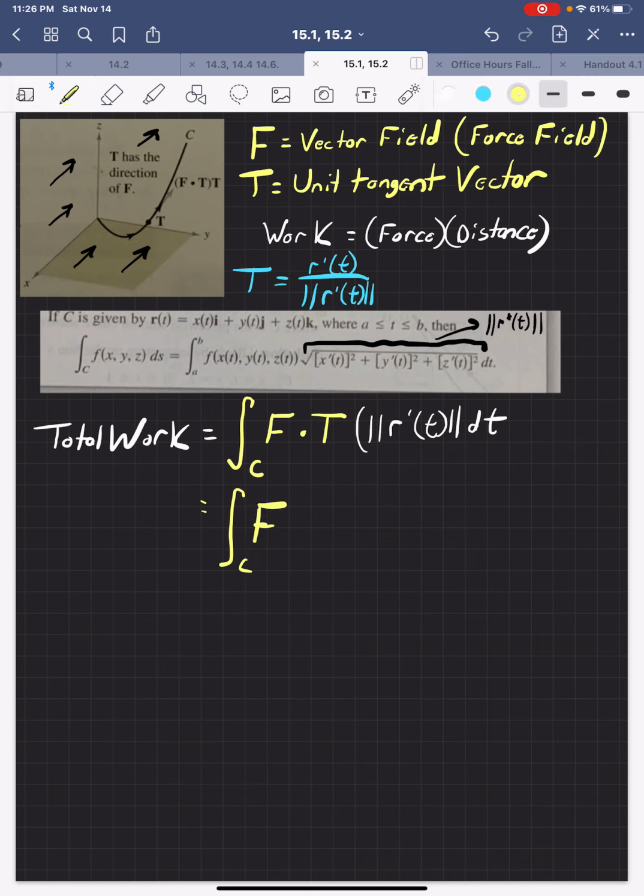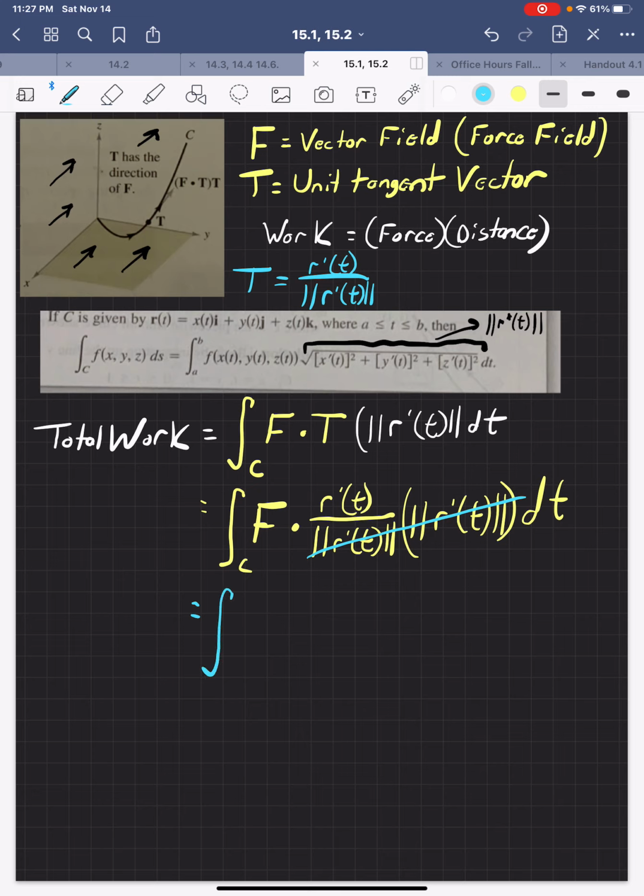So still a dot, but now it's going to be dot r prime of t divided by magnitude of r prime of t times magnitude of r prime of t dt. So these magnitudes are going to cancel out, and let's see what's left at that point.